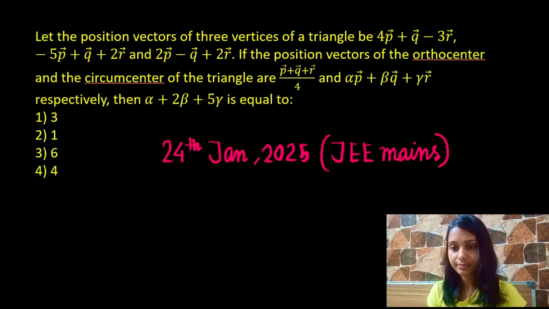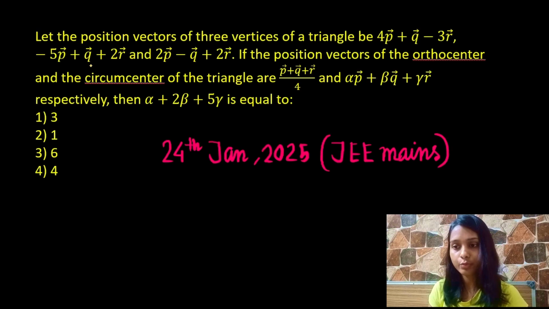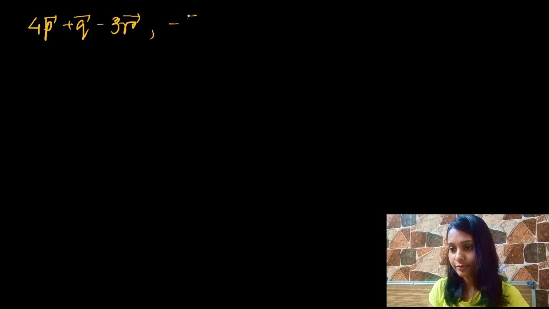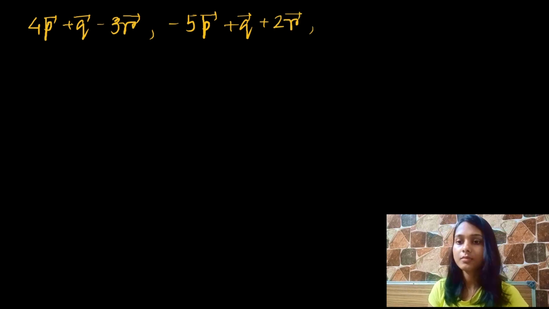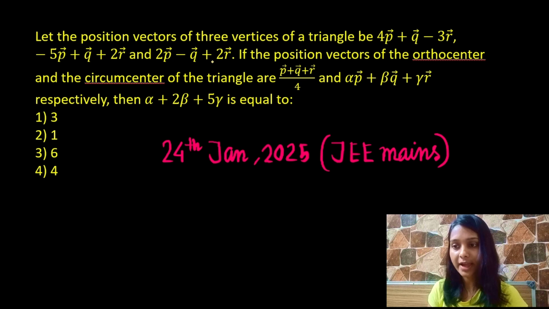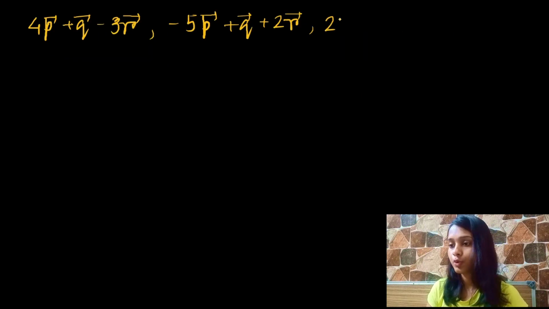So the vertices are 4p plus q minus 3r, and the next one is minus 5p, q, 2r, and the last one is 2p, minus q, 2r.